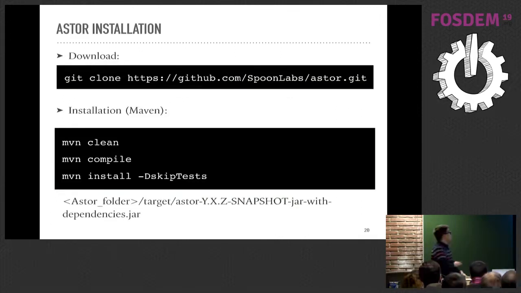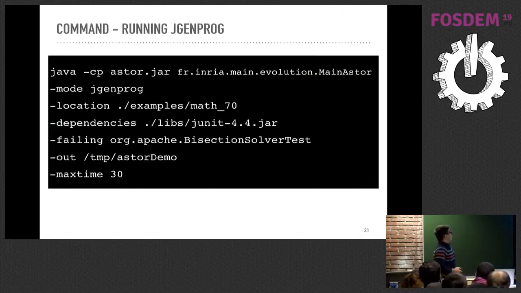So here you have the URL to clone Astor. Here is one example, as I mentioned before, the mode, the location, the dependencies. You can also specify the failing test case. We need at least one failing test case.